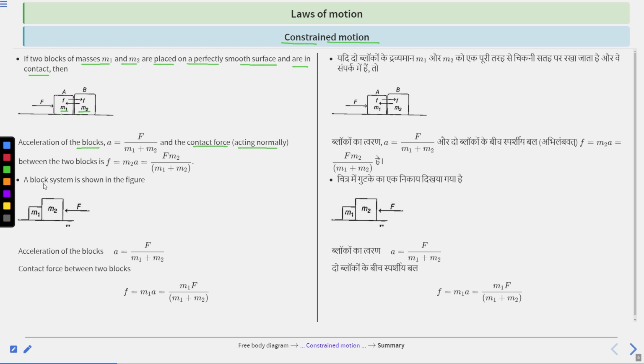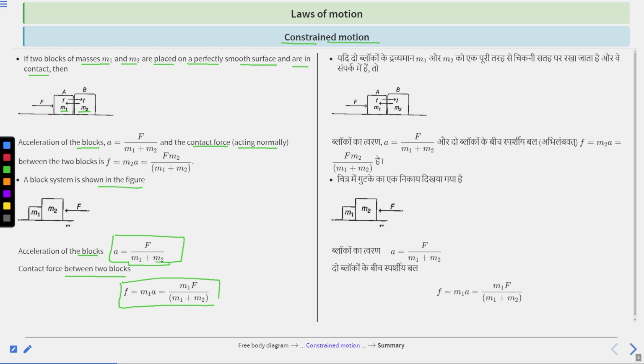So a block system is shown in the figure. This one, m1 and m2, the force is acting on this block. In that case, acceleration is a equal to F divided by m1 plus m2. Clear? This is the acceleration. And the contact force between this block m1 and m2, contact force is equal to m1a, which is m1F divided by m1 plus m2. So this is the contact force between the blocks.